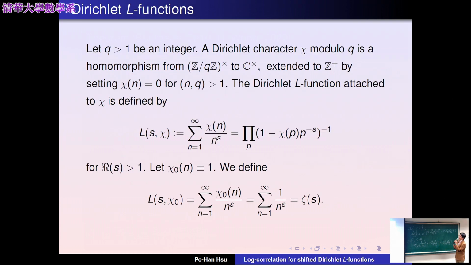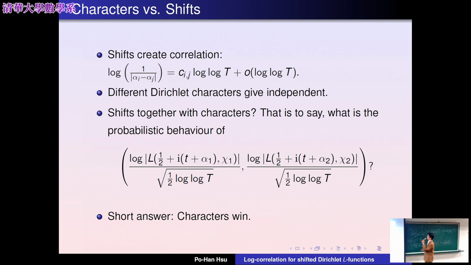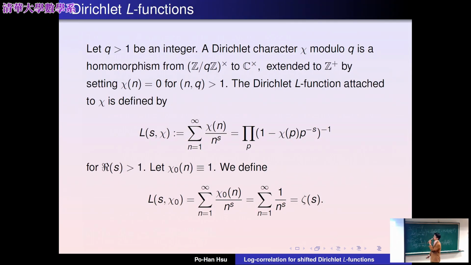Okay, so before I introduce my theorem on Dirichlet L function, let us recall what a Dirichlet L function is. Let Q be a fixed integer, then a Dirichlet character mod Q is a homomorphism from (Z/QZ)* to C*, of course without 0.